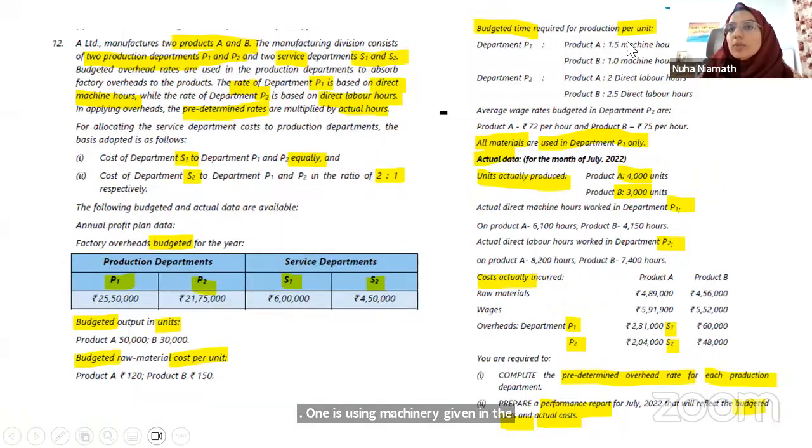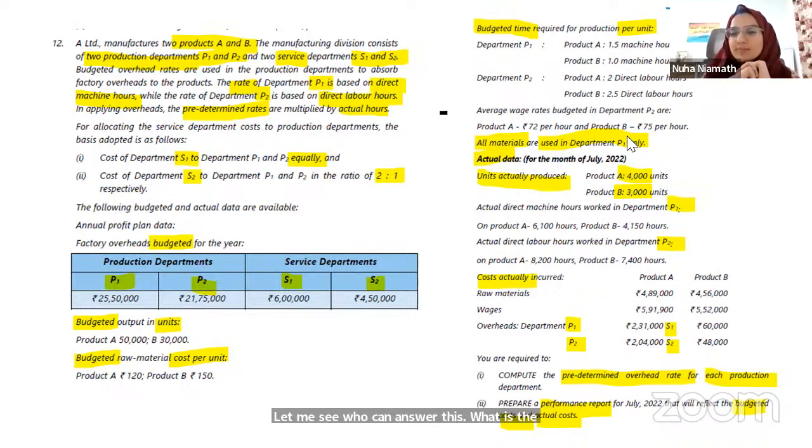Machine hour is said to be 1.5 hours for product A and 1 hour for product B. And what is the rate for the product? What is the machine hour rate that we're going to use? Let me see who can answer this. What is the machine hour rate that we will be using? Anybody?